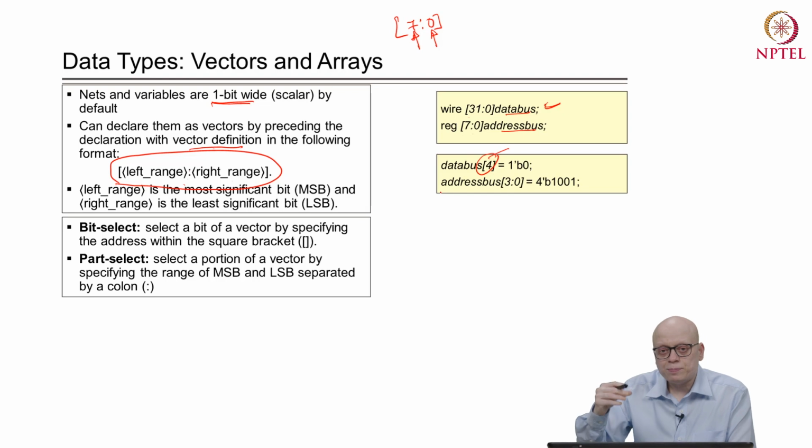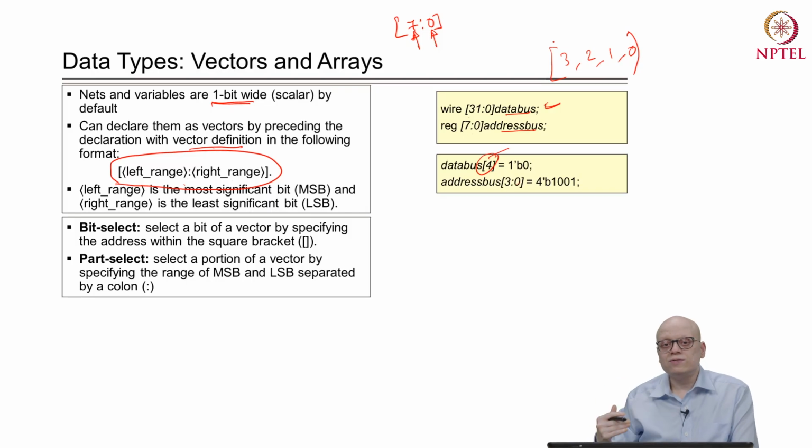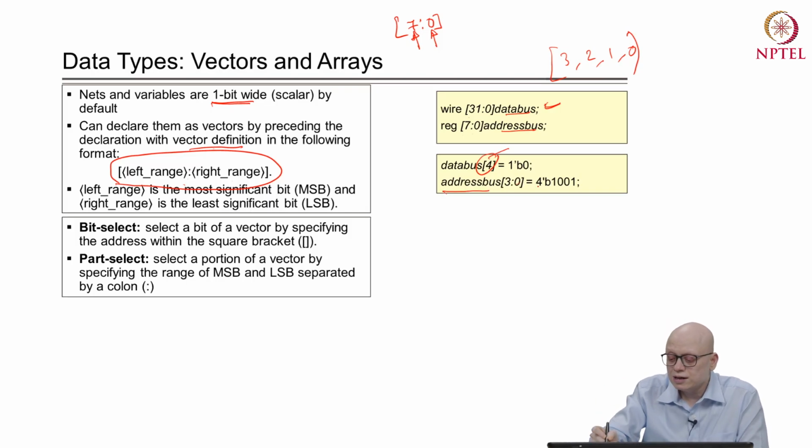Similarly, if we want to get part of a bus, we can say address bus 3 to 0. It will give the bits in positions 0, 1, 2, 3 of the address bus.